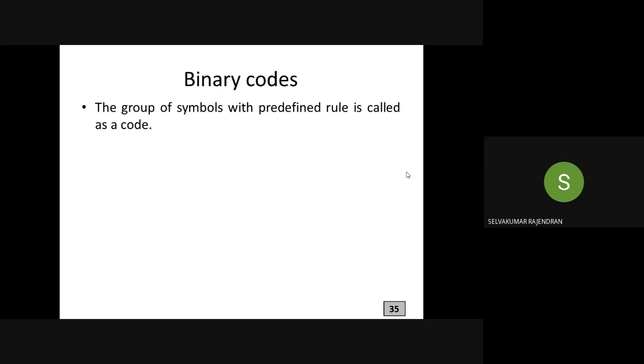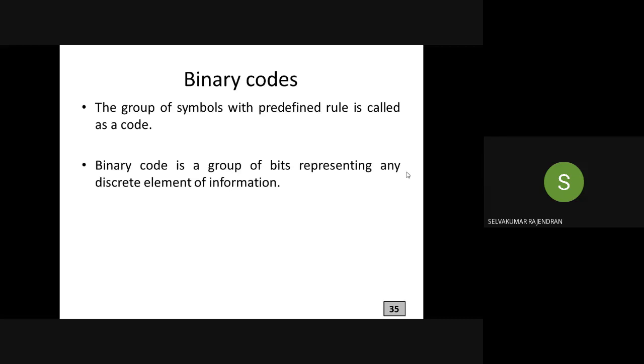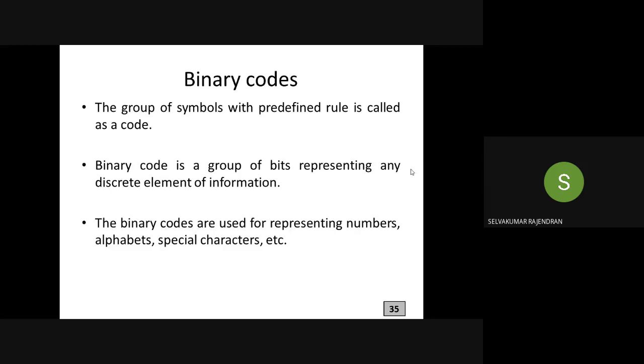A group of symbols with a predefined rule is called a code. A binary code is a group of bits representing any discrete element of information. Binary codes are used for representing numbers, alphabets, special characters, etc.